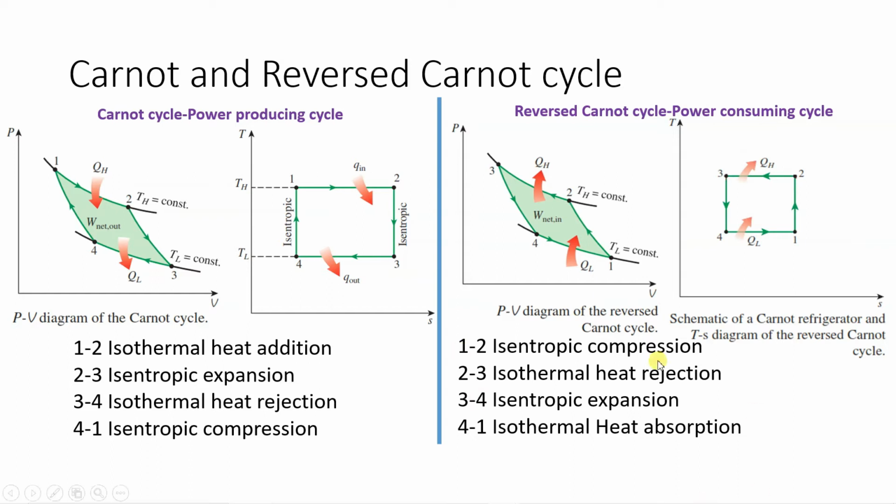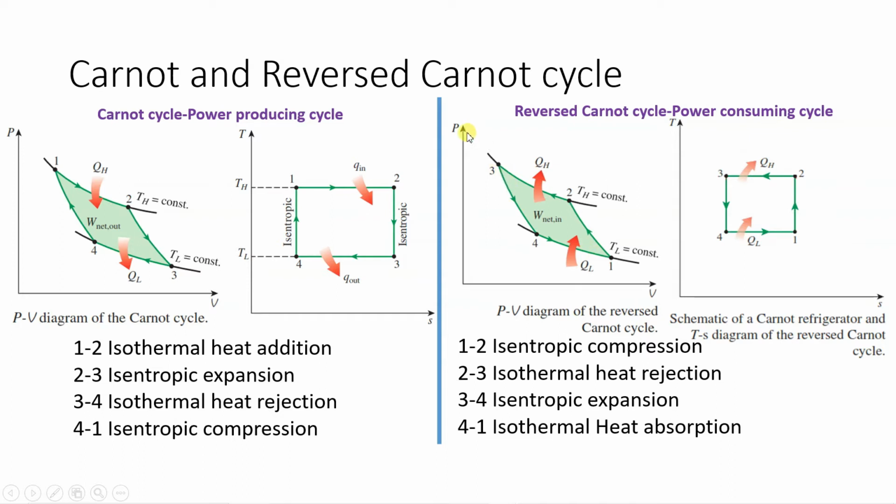Coming to reversed Carnot cycle, you can call this a Carnot refrigerator or Carnot air conditioner. In this case, process 1 to 2 is isentropic compression, process 2 to 3 is isothermal heat rejection, process 3 to 4 is isentropic expansion, and process 4 to 1 is isothermal heat absorption.